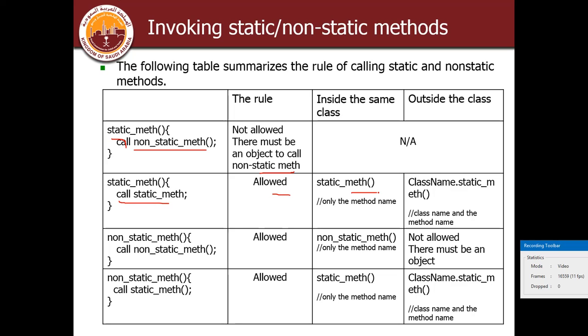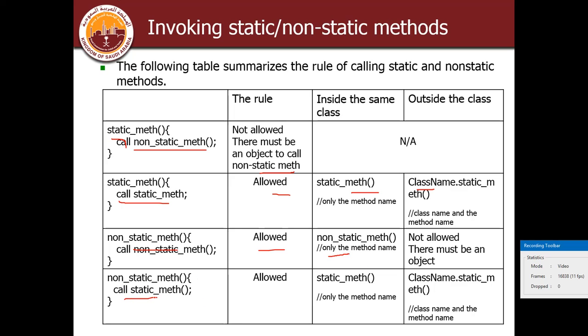It can be allowed inside the same class, and it can be allowed outside the same class: class name dot static method. A non-static method calling a non-static method, as we have learned in the previous program, is allowed inside the same class. Only the method name is allowed, and outside the class there must be an object.